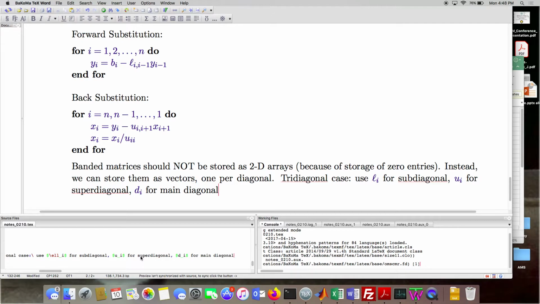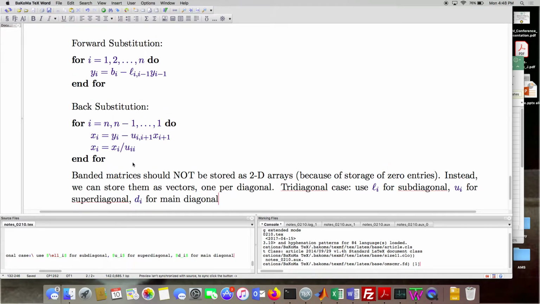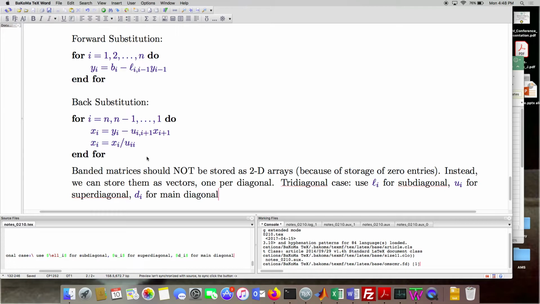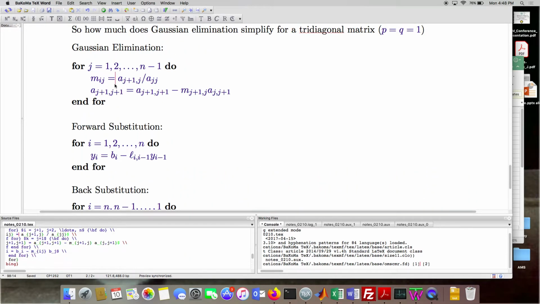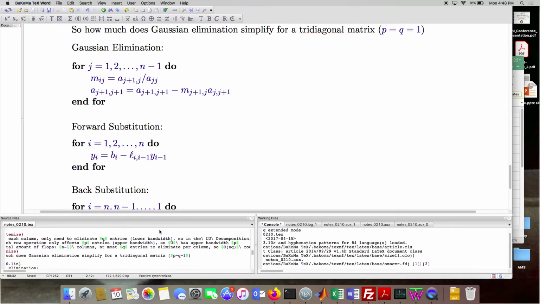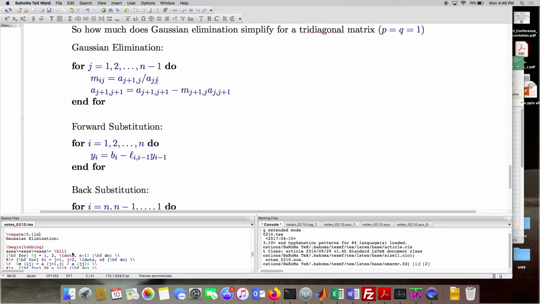So now what I can do is go back to these algorithms and take vector storage into account based on whatever indices we have here. So for example, A_JJ, that's the jth entry of the main diagonal. So that would just be D_J.